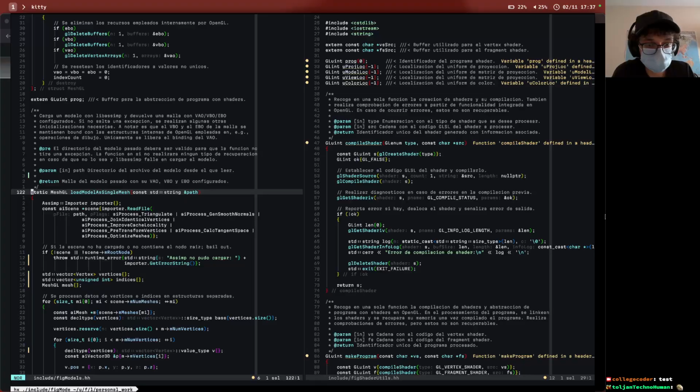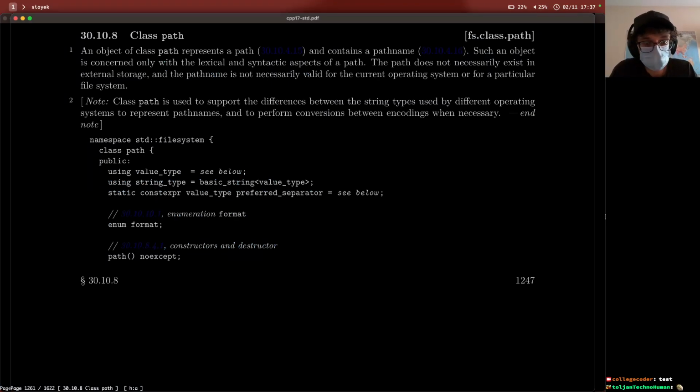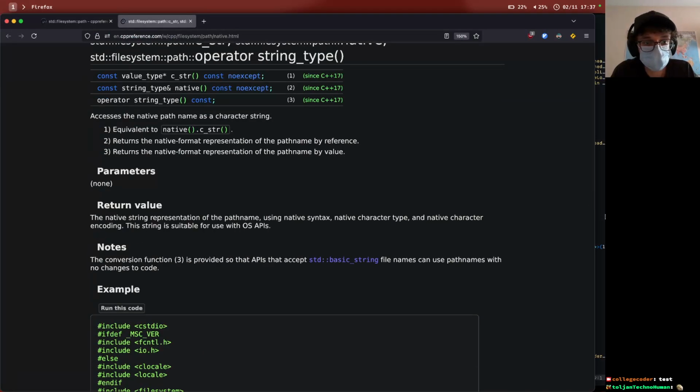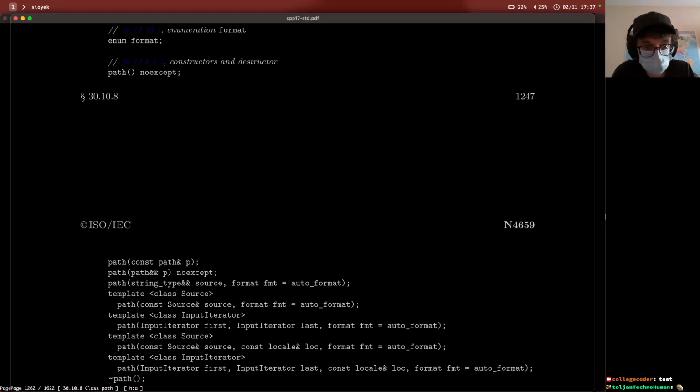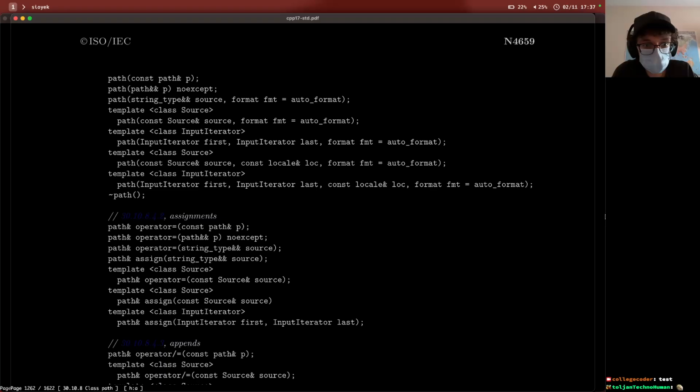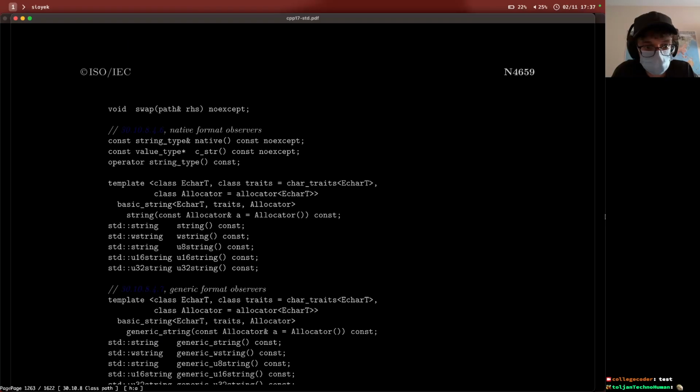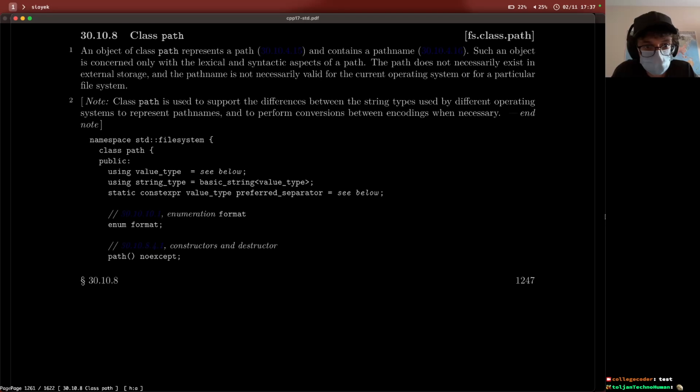All right. I'm going to assume string type is a system-dependent basic string. So yeah, I think. I don't think "see below" would mean really below.